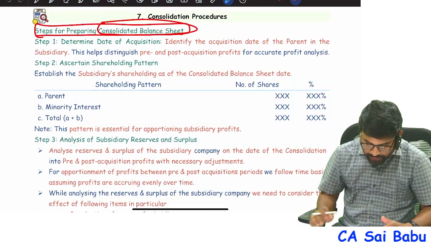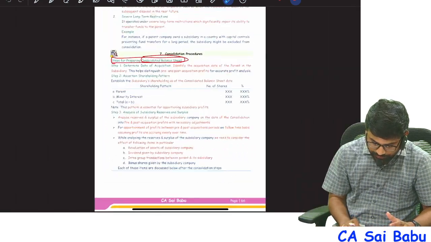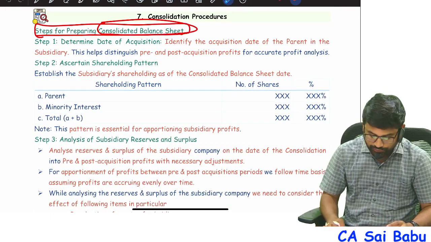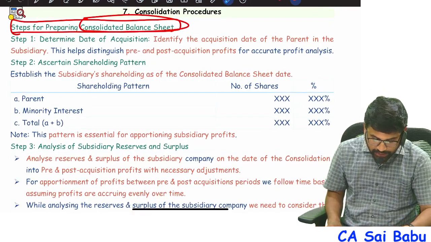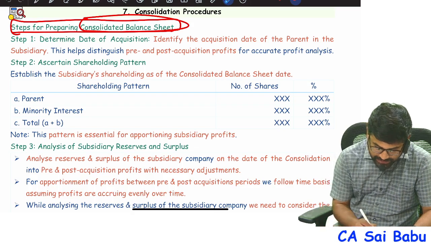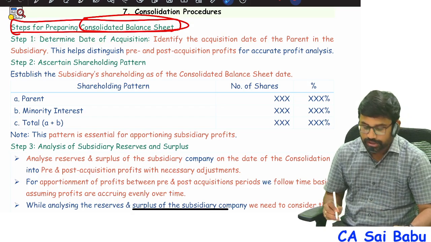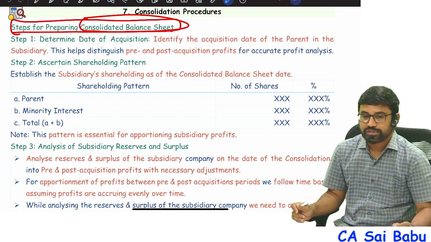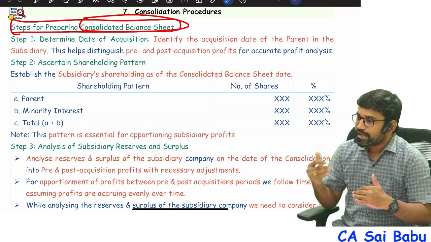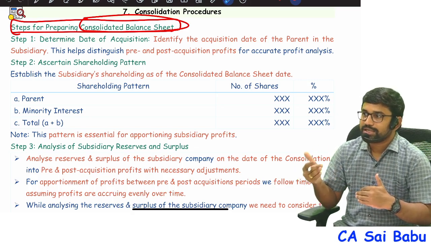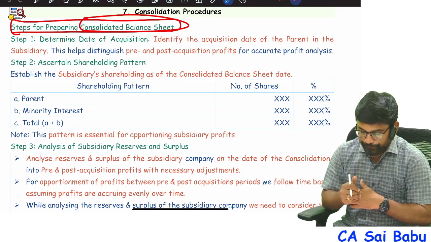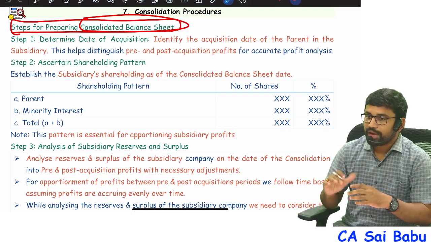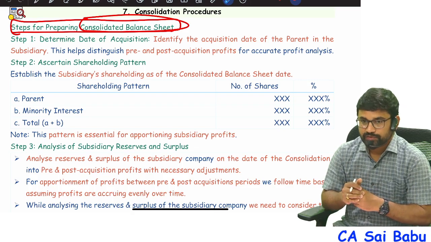Whenever you want to do the consolidation of subsidiary company, the first step is determine the date of acquisition. On which date has the parent company acquired the control of the subsidiary company? Sir, why do we need to determine the date of acquisition?